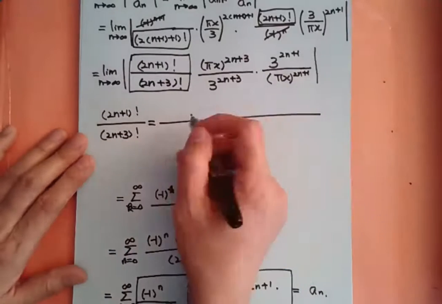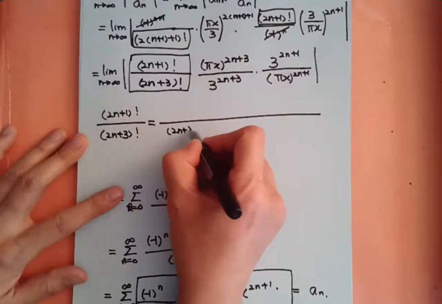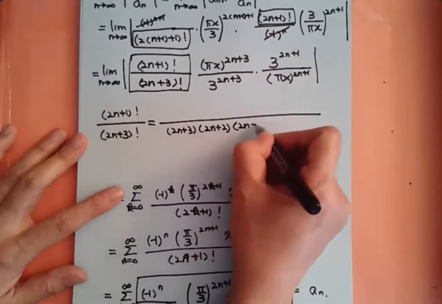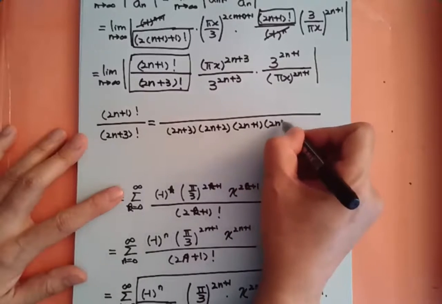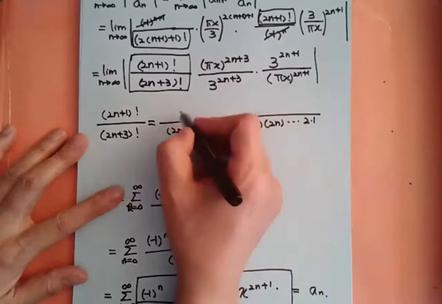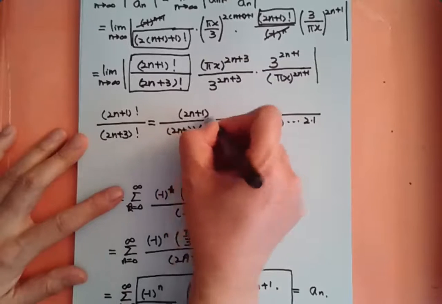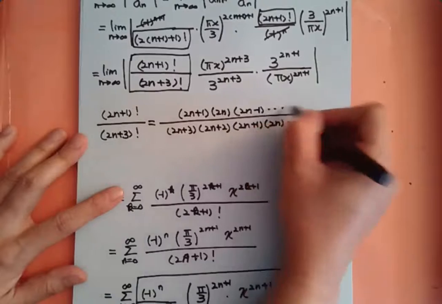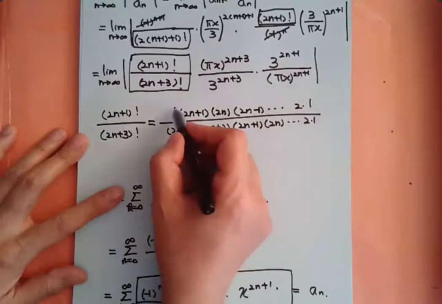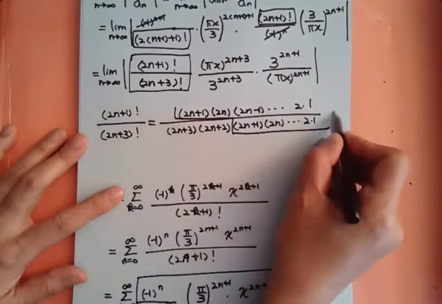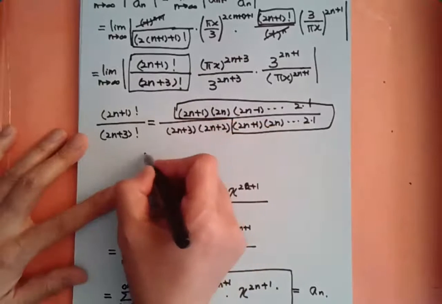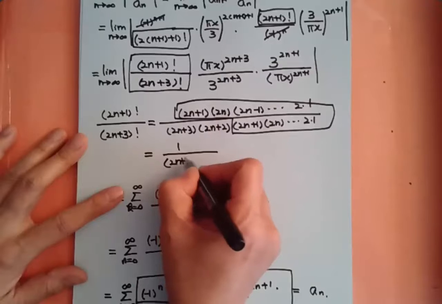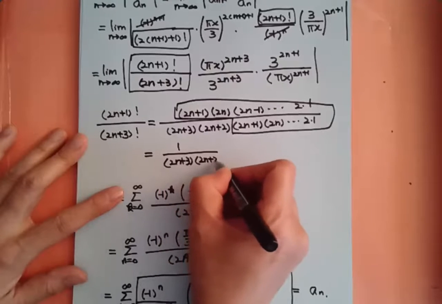That goes like (2n+3) times (2n+2) times (2n+1) times 2n down to 2 times 1, over (2n+1) times 2n and (2n-1) down to 2 times 1. And so this part is 1, and it will be 1 over (2n+3) times (2n+2).